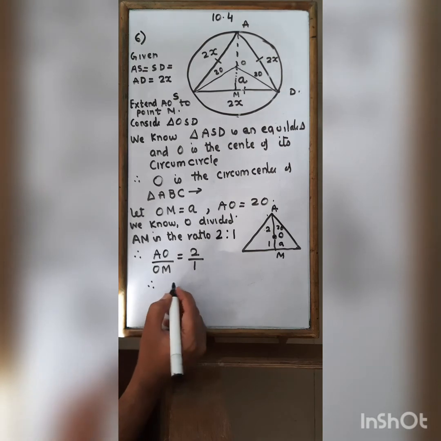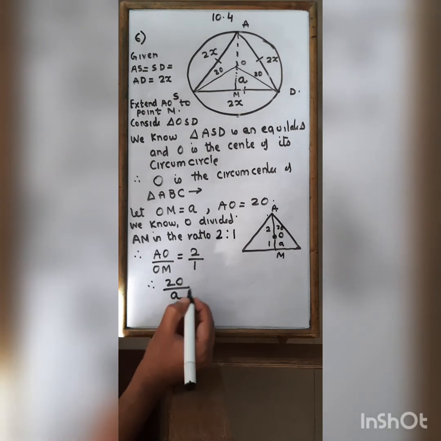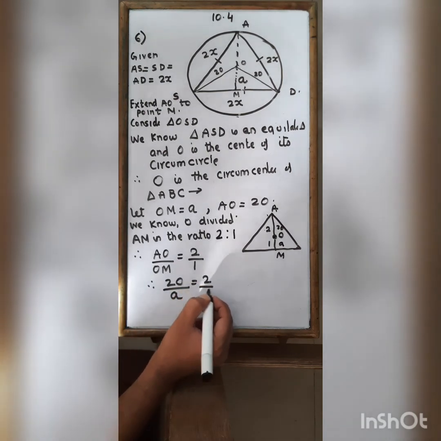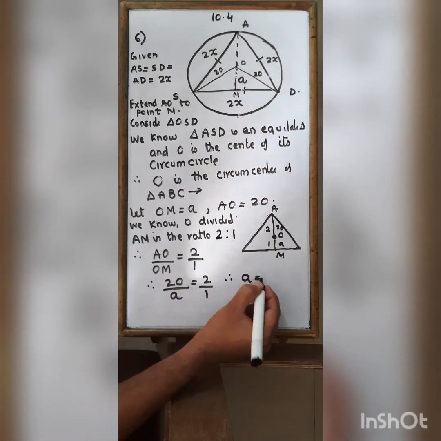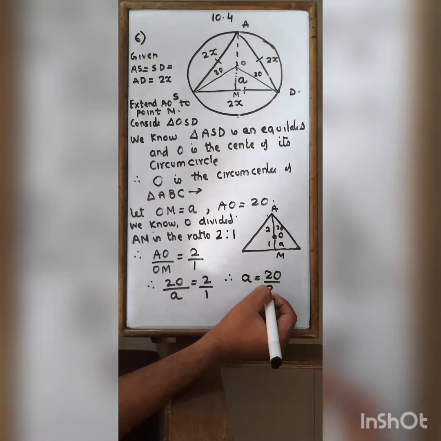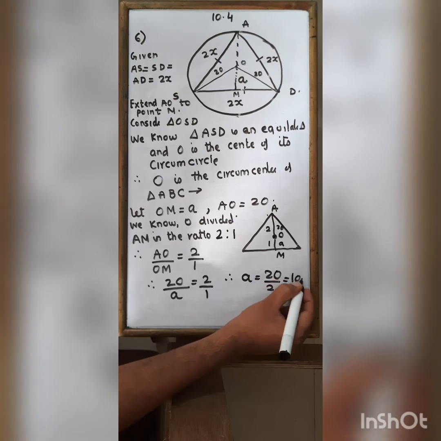So therefore what is AO? AO is nothing but 20 upon OM. OM is how much? It is nothing but a, equal to 2/1. Therefore when I cross multiply, a is equal to 20/2, which is equal to 10 meter.